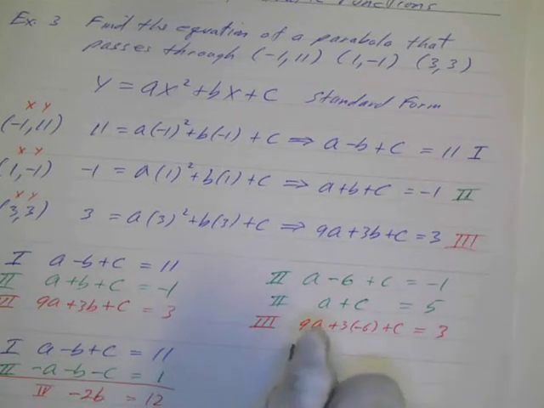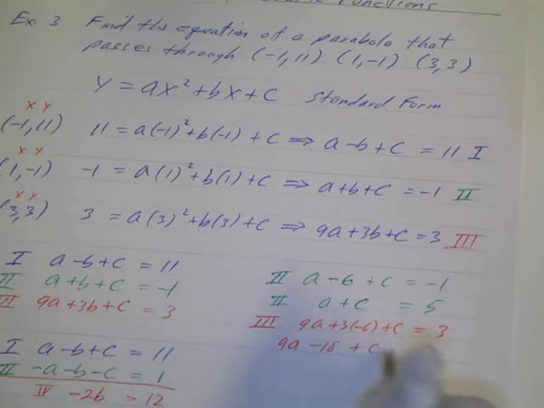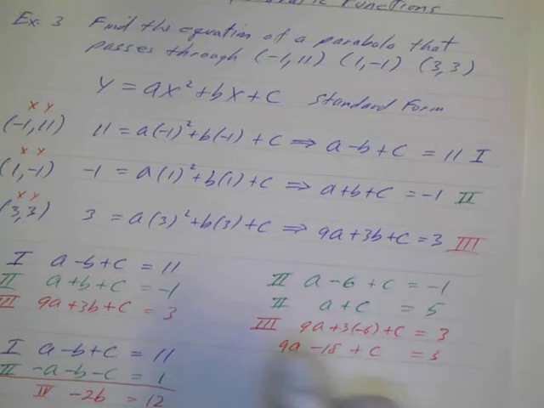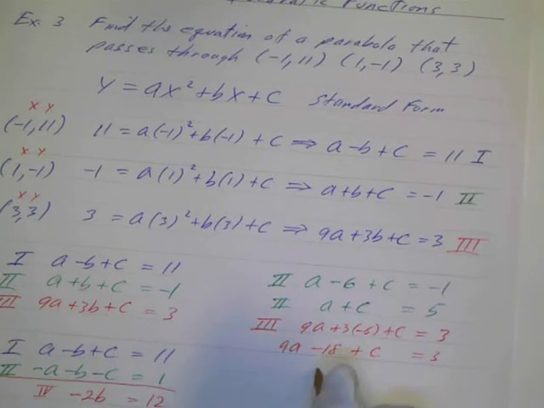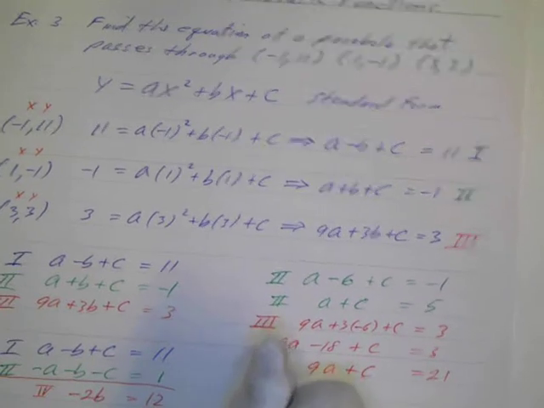And then I have 9A, and this is going to be negative 18, plus C equals 3. And then if I add 18 to both sides, I have 9A plus C equals 21. And that's equation 3.